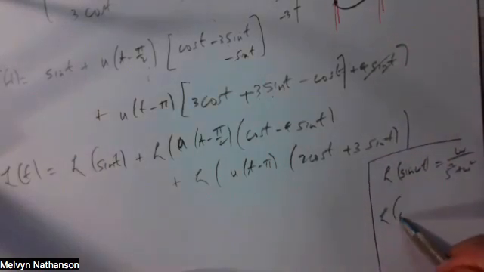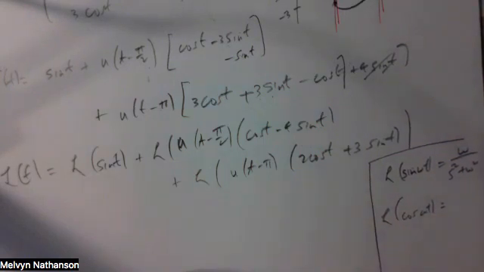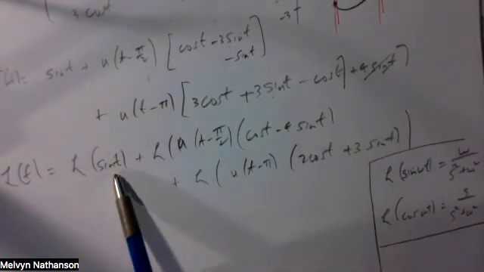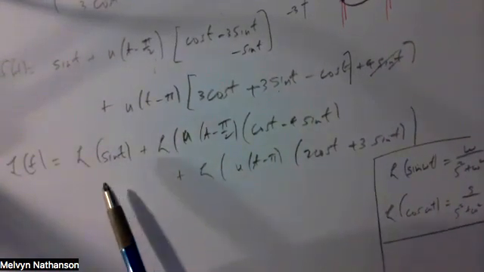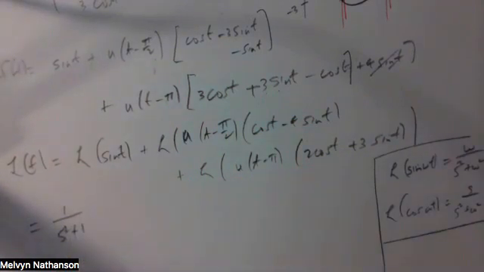And the Laplace transform of cosine of omega t is s over s squared plus omega squared. So the Laplace transform of sine t, omega equal 1, is 1 over s squared plus 1. That's straightforward enough.